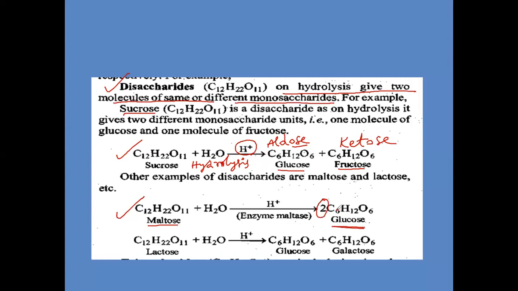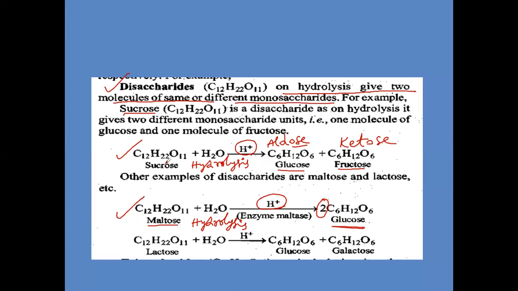So the same kind of monosaccharides are produced by the hydrolysis of maltose. So this reaction is also hydrolysis. On hydrolysis of maltose, in the presence of acidic medium, we get 2 molecules of glucose. So 1 mole of maltose gives 2 moles of glucose.